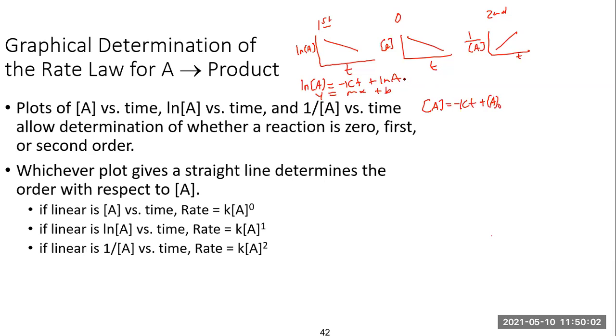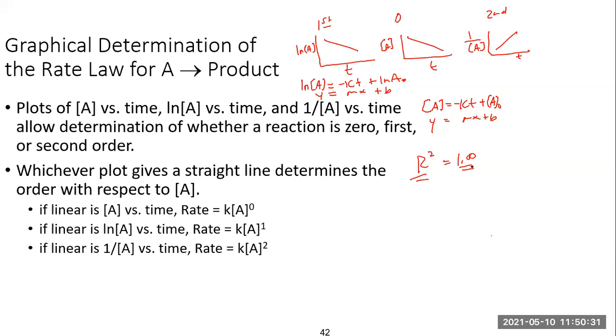And again, this would be Y is equal to mx plus b, and same thing with our other one. How would we determine which one's more linear? Just like when you use Excel, for example, you could look at the R squared value. An R squared value closest to 1 indicates a pretty linear or perfectly linear relationship. And that will help you determine the reaction order by graphing.